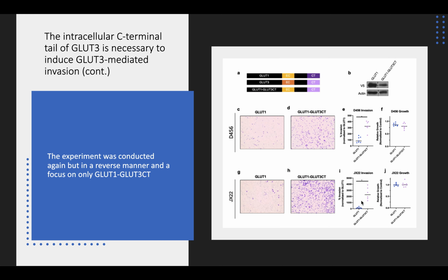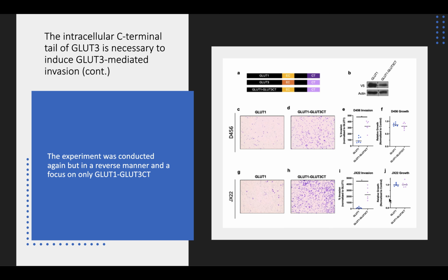The y-axis in figure I shows the percent invasion normalized to GLUT1, and the x-axis represents GLUT1 and GLUT1 GLUT3 CT, and that showed an increase in cell invasion similar to that of E. And then in J, one may notice is JX22 growth.